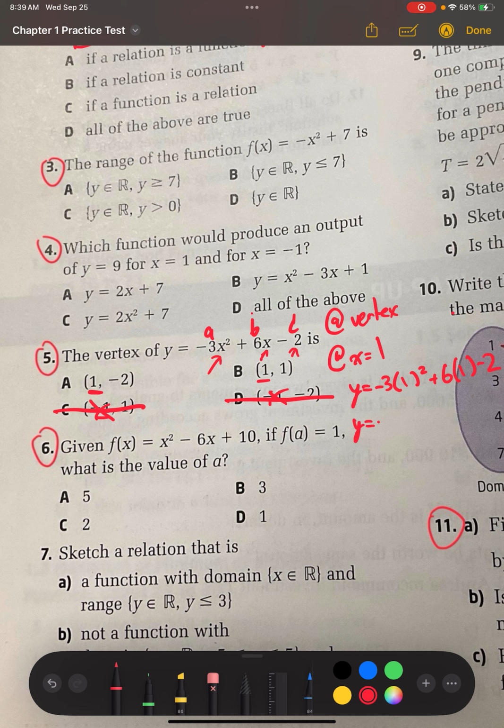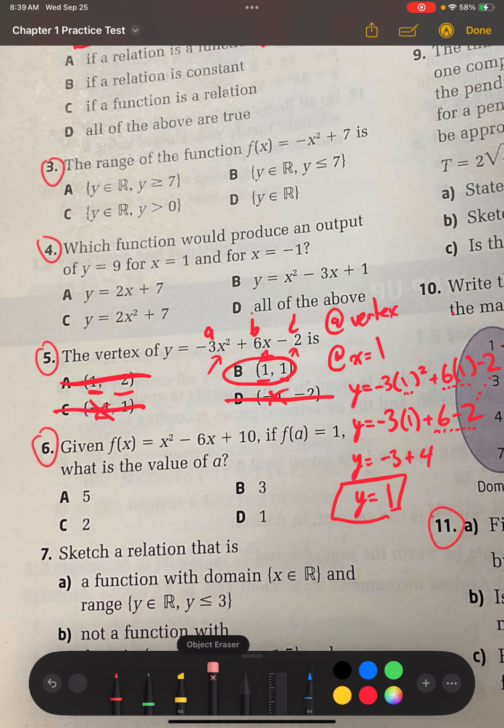Y equals minus 3. 1 squared is 1, plus 6 times 1 is 6, minus 2 just comes down. And what's that equal to? Minus 3 plus, let's just solve this now, plus 4. And what are we at now? Y equals 1. So guess what? Y equals 1, not minus 2. So the answer here is B. The vertex is 1, 1.